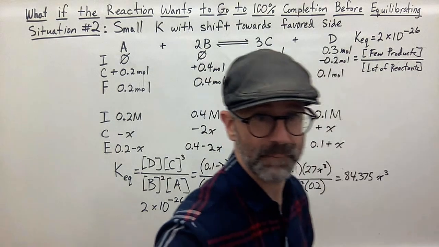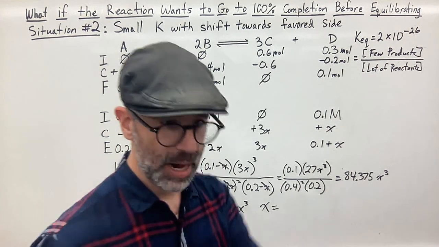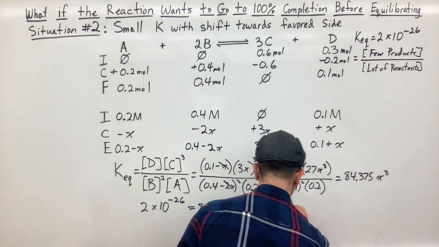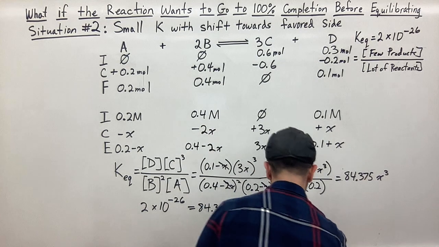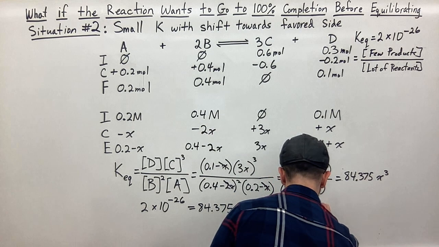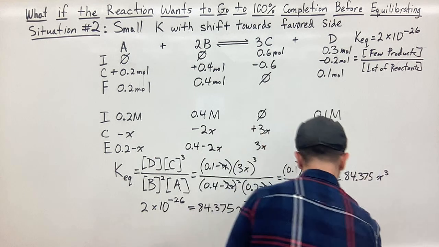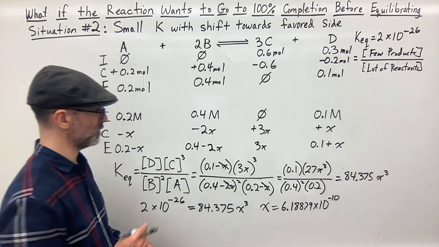When I calculate this out, I get x is equal to 6.18879 times 10 to the negative 10. Okay, you don't need to keep all those digits.